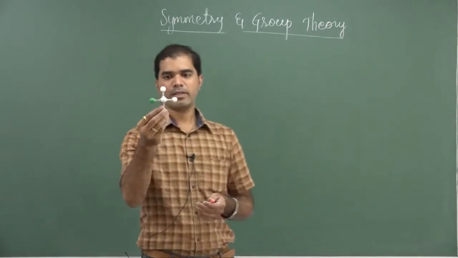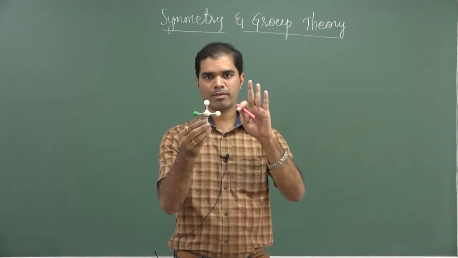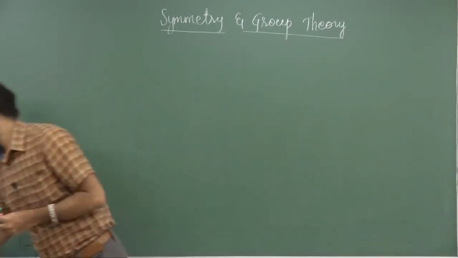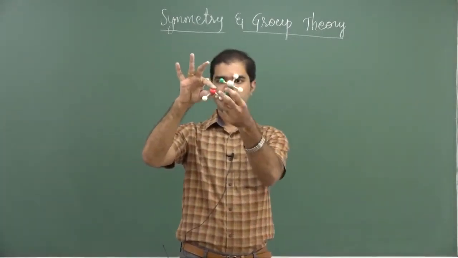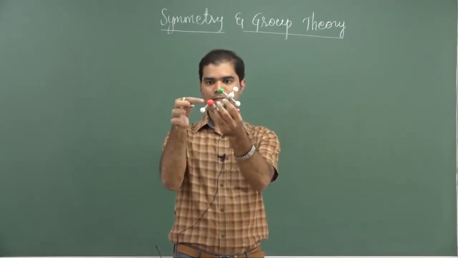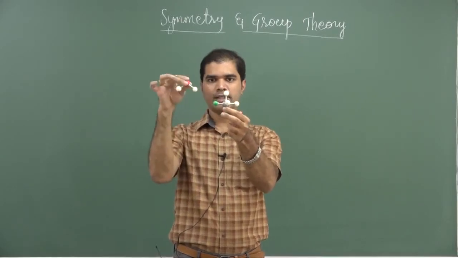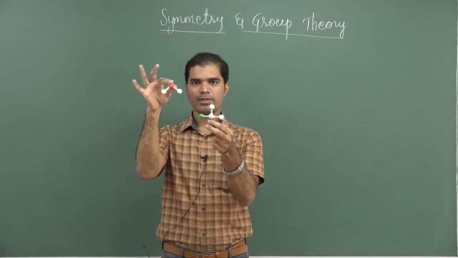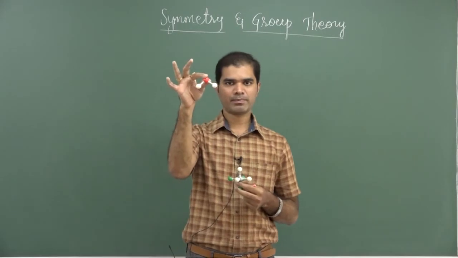So when I say try to pass a rotational axis, we have to imagine a molecule. Suppose I am holding a molecule this way. Now this becomes the z, this becomes the x coordinate, and this becomes the y coordinate. These are the coordinates. Whenever we operate on that molecule, the first thing you have to do is identify the center of gravity of the molecule.